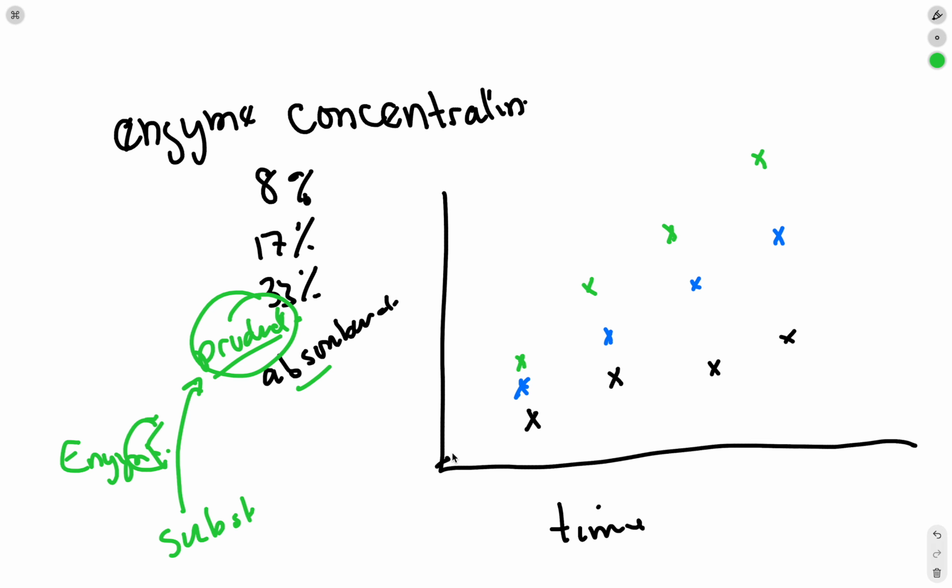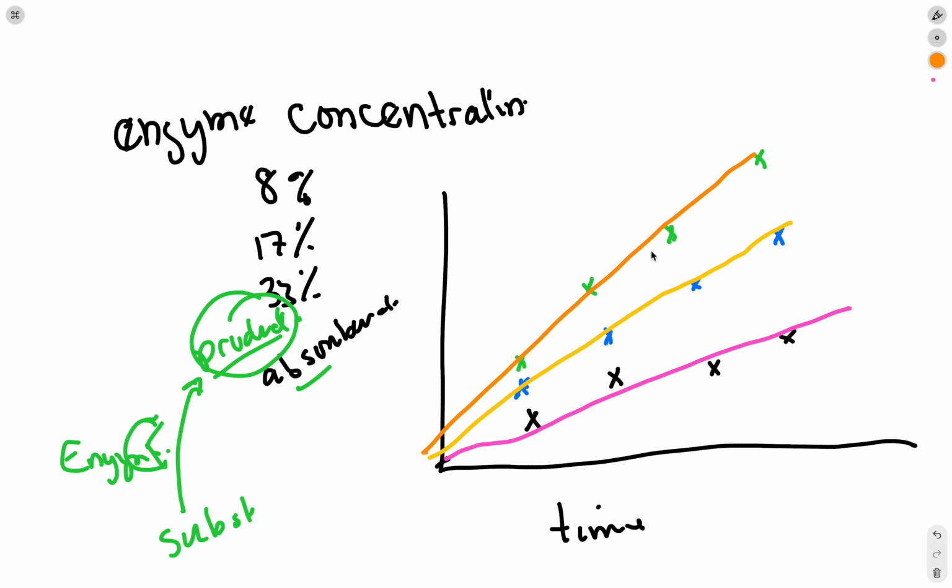Okay, so what we want to do here is, there's going to be error in this measurement, but in theory, each of those would be a straight line. And so our best thing is to do a trend line here and get one trend line for this, and then a trend line for this 17% data, and then a trend line for this 33% data, okay?